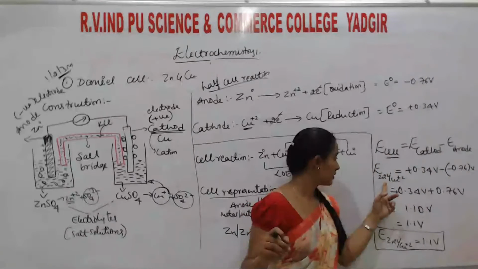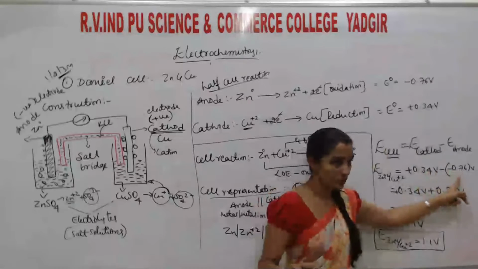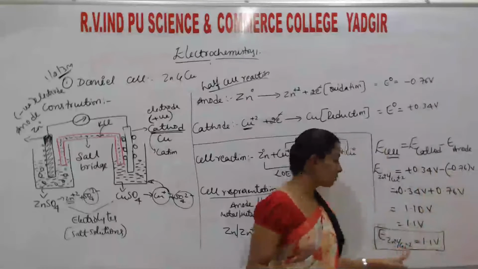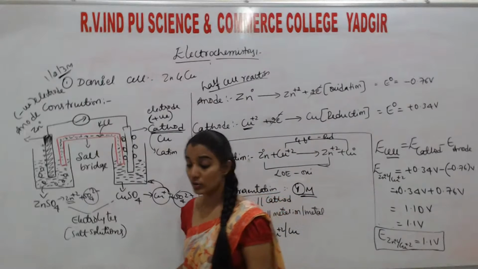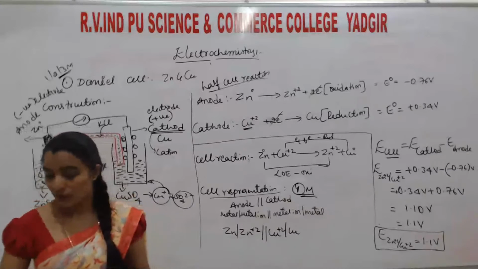Understand? So here, the E cell of the Daniell cell is found by substituting the electrode potential values. The E cell of the Daniell cell is 1.1. So this is the construction, working and calculation of the Daniell cell.